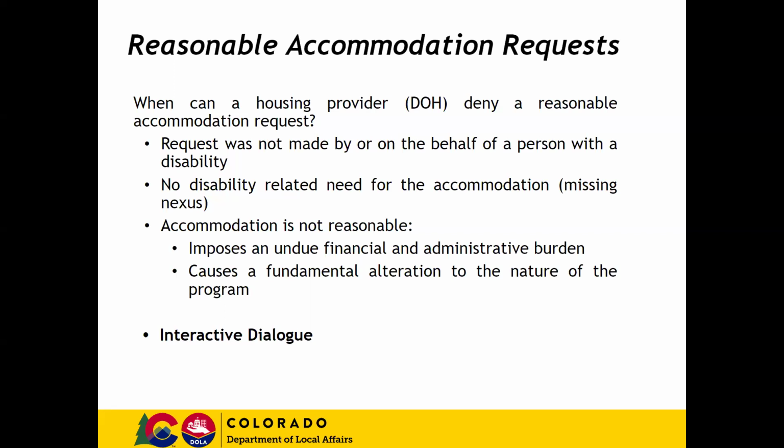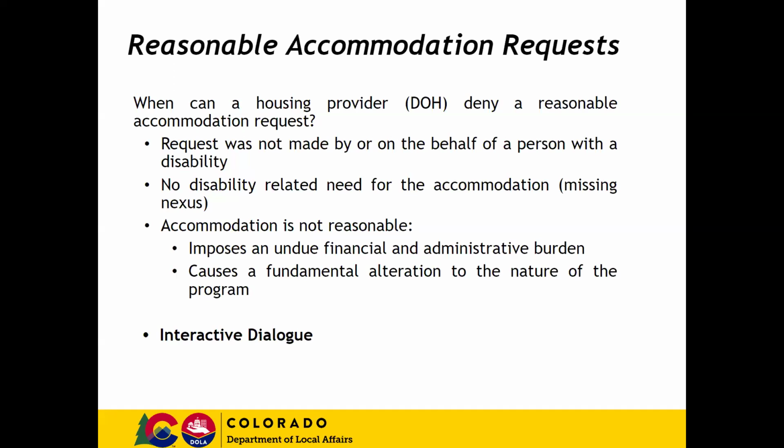We receive and review on average, I think, 1,200 reasonable accommodation requests every year. That actually might be a little low. And the majority of those requests are approved. So this is a very important process, and we take it very seriously at the Division of Housing. For the most part, we are approving the majority of the requests that come in from our participants.